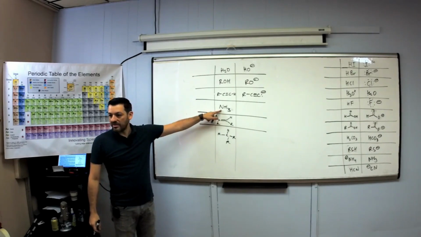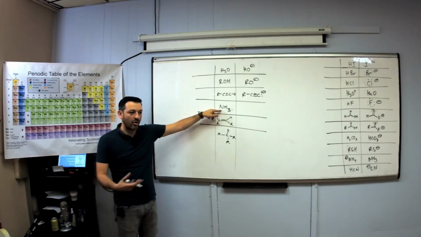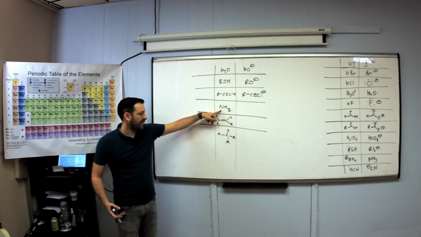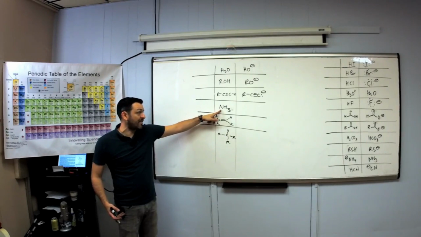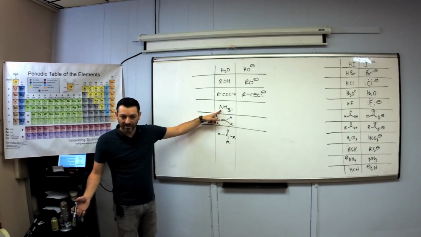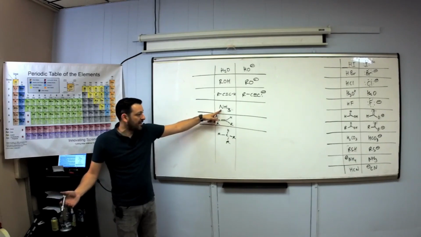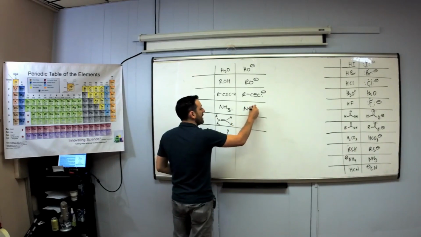NH3 is a base. I put it in the acid column. What kind of an acid is a base? What kind of a rock is a car? It's not, right? If I'm asking what kind of an acid this is, it's an incredibly, impossibly weak acid because it's a base. But nonetheless, you could rip off a hydrogen from there and make NH2 minus.